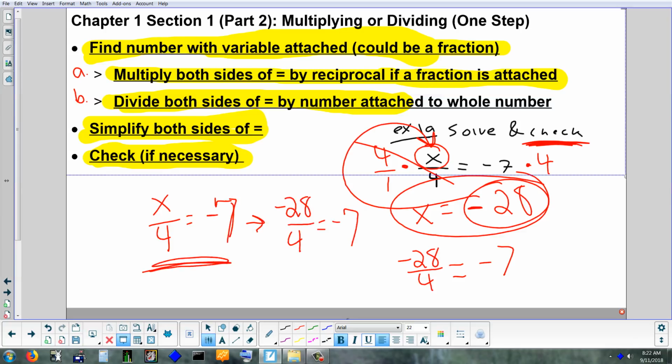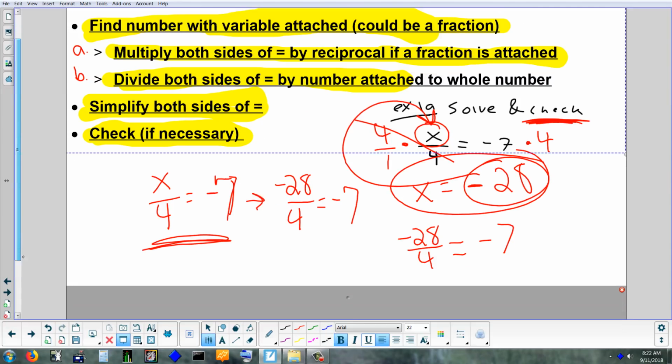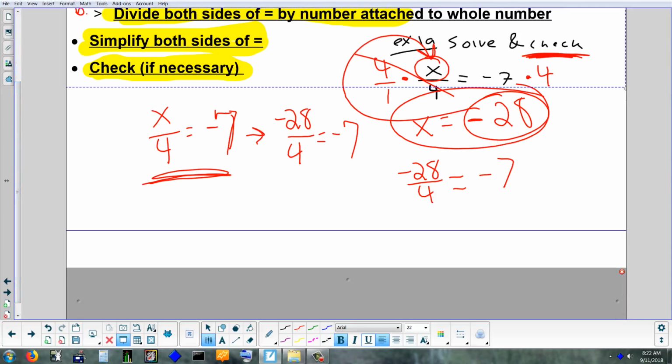By plugging in, x becomes negative 28 because that's what I solved for. There it is written out, the same thing I've written down here. I'm just showing you guys how it changed from x to negative 28, because I solved for x and got negative 28. Now we'll do the math on the left-hand side.